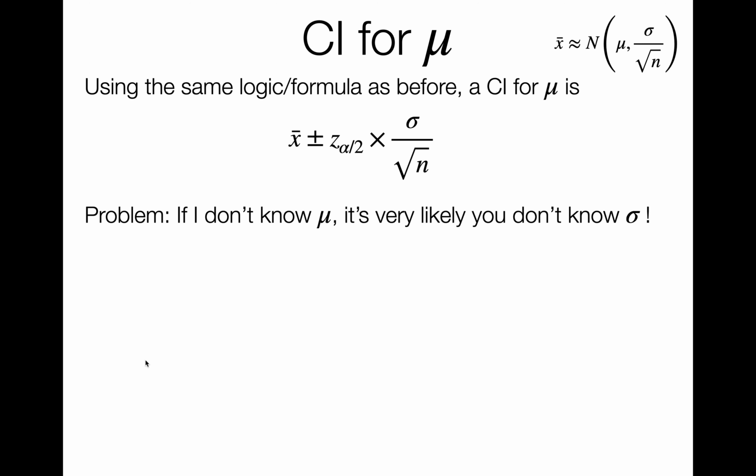To give you a concrete example of this, if I was really interested in the mean housing price of houses in Shippensburg, how likely is it for me to be able to say that I don't know what the mean housing price is, but I do know that the housing prices are spread out with a standard deviation of 1,500?